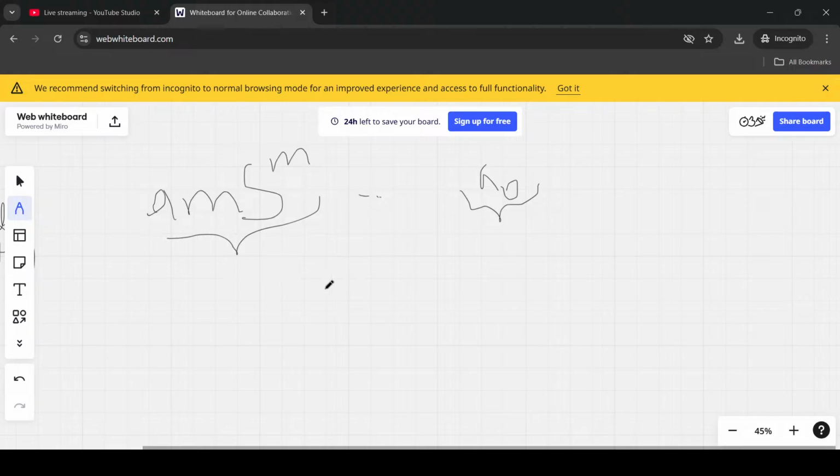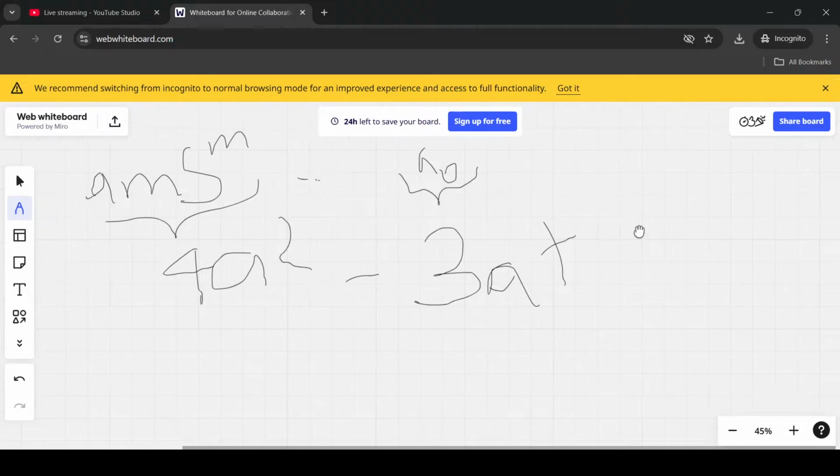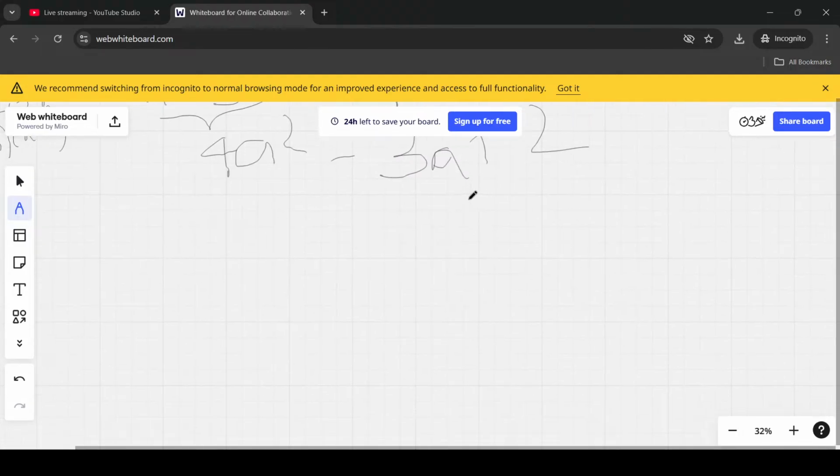So for example, we can take a square minus, there's a constant here, so we'll add 4a square minus 3a, this is a plus a_0, let's say that is 2.